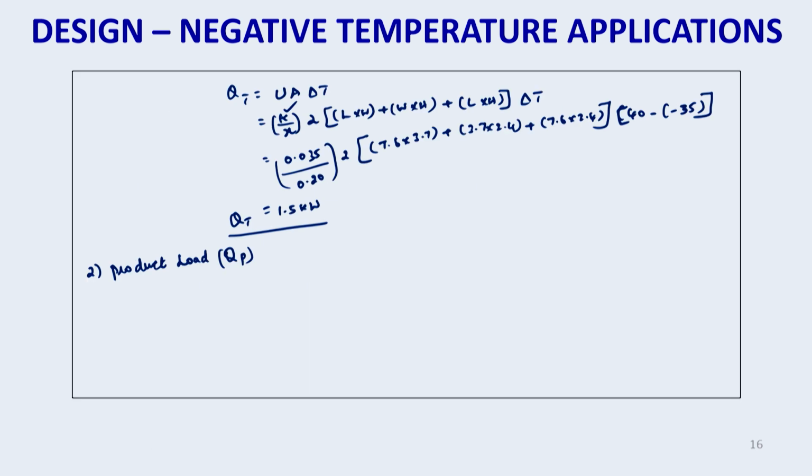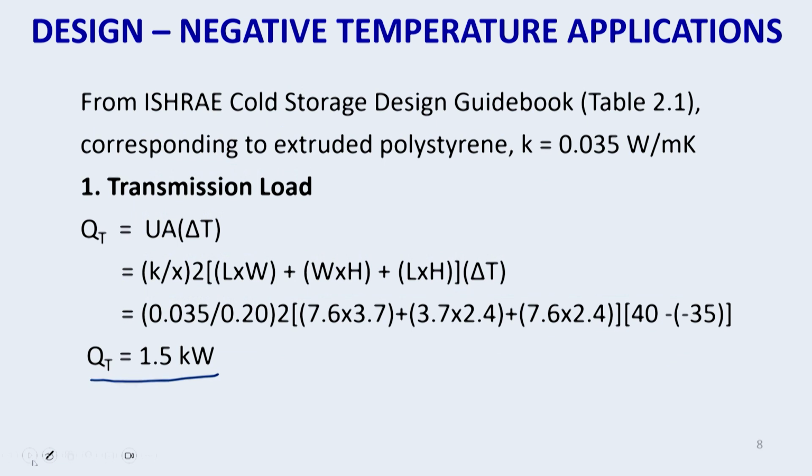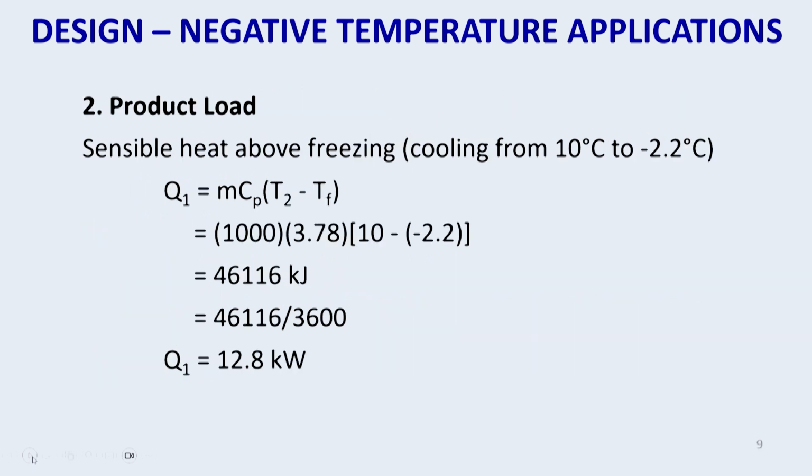So let us calculate Q1. When it comes to the product load, sensible heat above freezing, since we don't know the initial temperature from which the product is pre-cooled, instead of Q1, we will be having Q2.